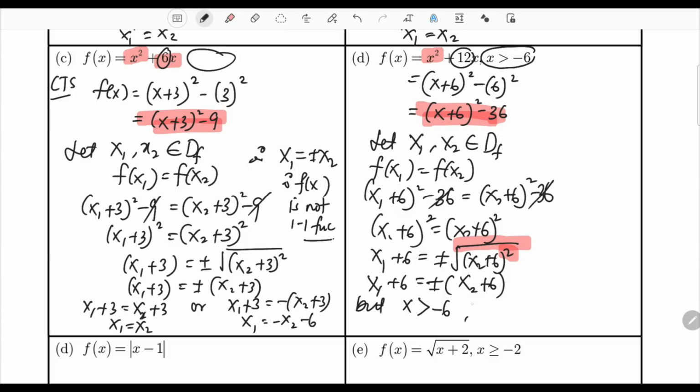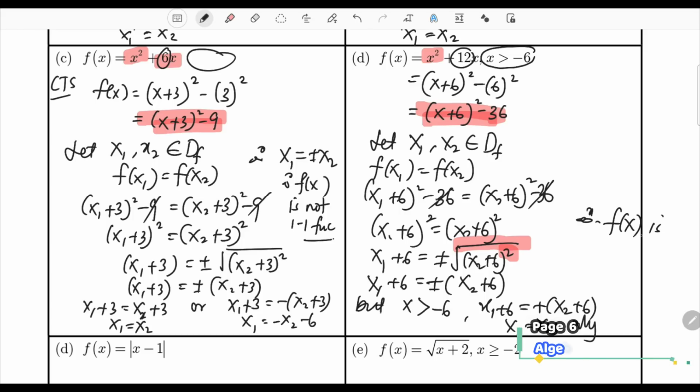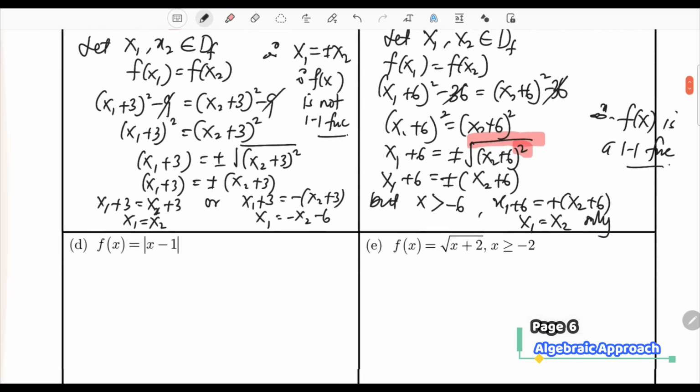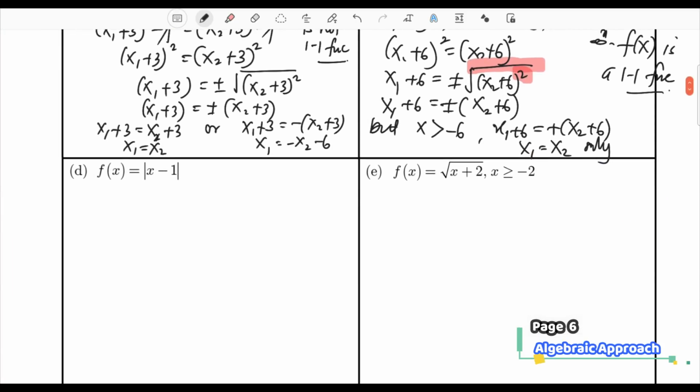So we have only the positive part. So x1 plus 6 equal to plus of x2 plus 6. Okay, so hence x1 equal to x2 only. Hence our conclusion, okay, f(x) here for D is a one-to-one function. Is it okay, everyone?